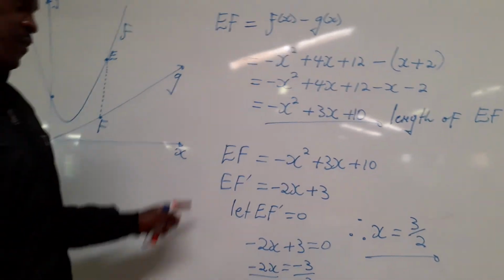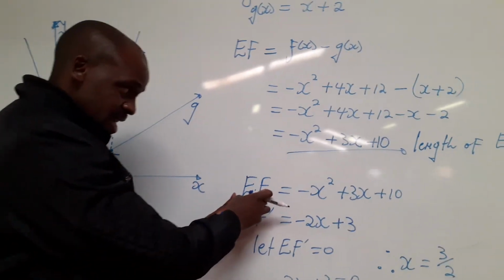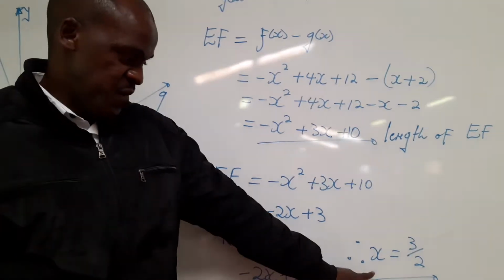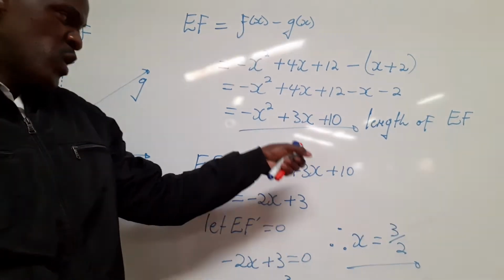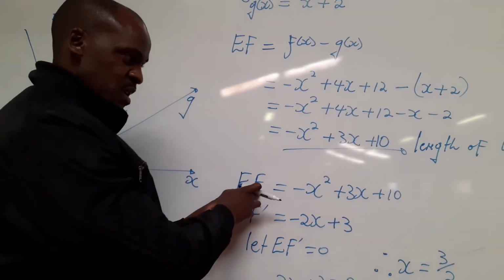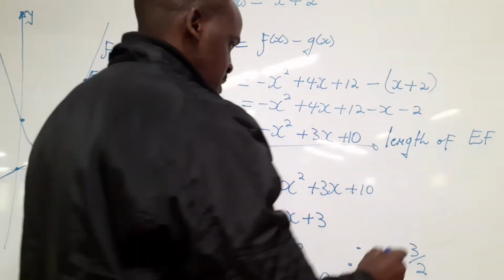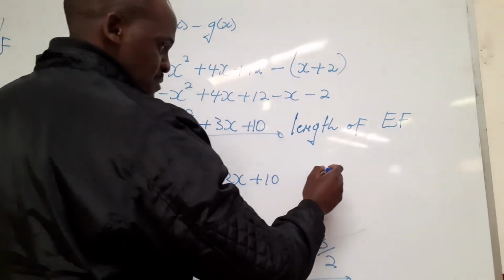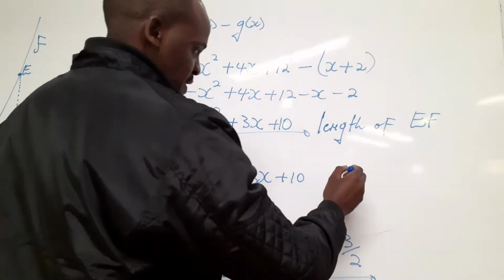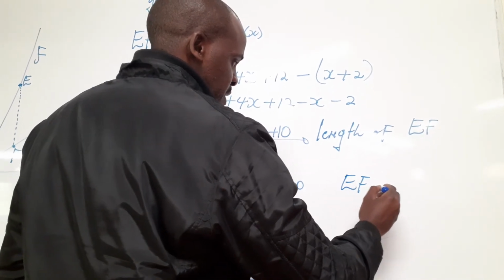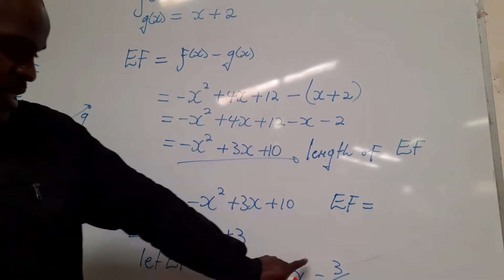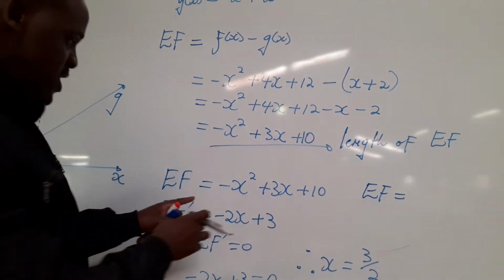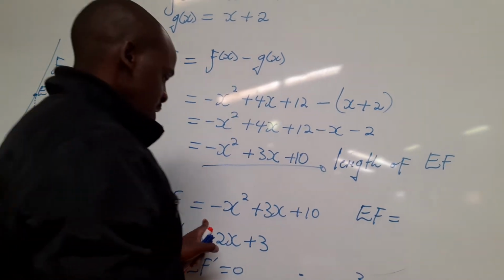Remember, we are looking for the maximum length of EF. After finding this value, you take that value into the original to find the maximum length. EF will be equal to, we substitute this value of x at maximum into EF.